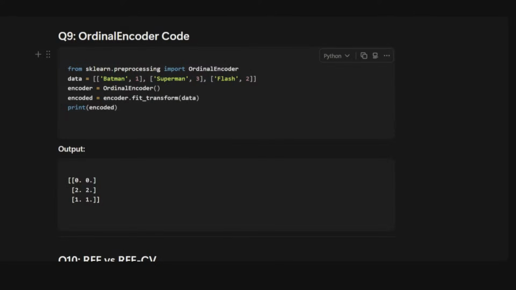Again, just to reiterate for those who are not there in your coding segment, anytime you're writing code for scaling, imputation, encoding, just ensure that these 5 lines are kind of your holy gospel: first importing the particular library, then you have your data taken up, after which you have your encoder function, after which you'll fit transform and print your resultant data.